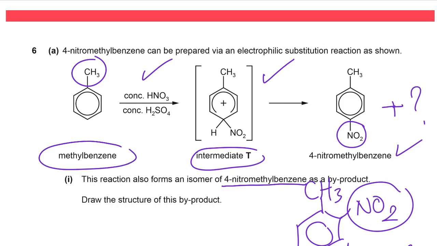Here the double bond is extended over how many carbons? Double bond extended over 6 carbons. But here the double bond is extended over only 5 carbons. So here pi bond only over 5 carbons. Okay.